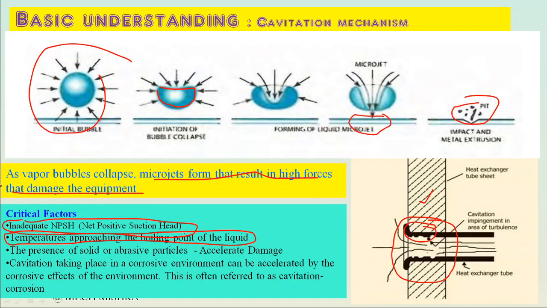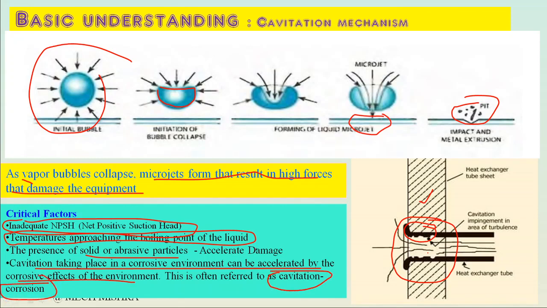Then the presence of solid or abrasive particles will accelerate the damage, because that leads to erosion corrosion phenomena as well. Cavitation taking place in a corrosive environment can be accelerated by the corrosive effect of the environment. If my fluid is corrosive, cavitation will be further accelerated, and that phenomenon is known as cavitation corrosion.